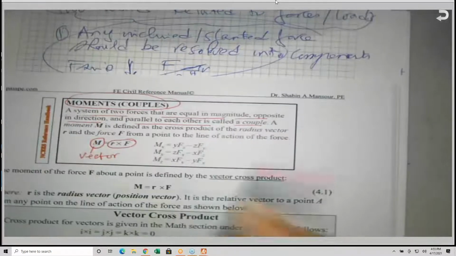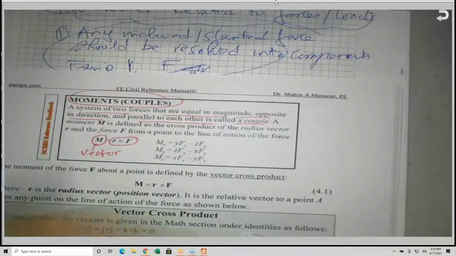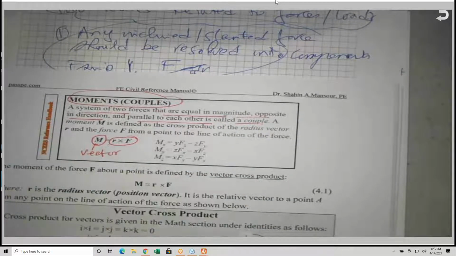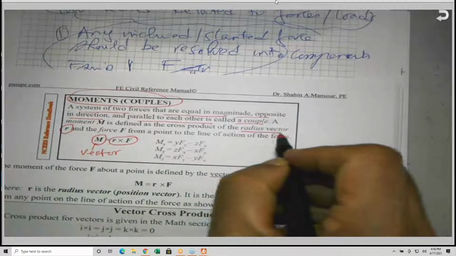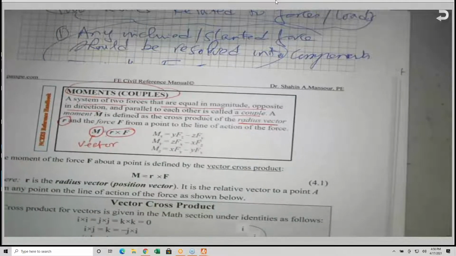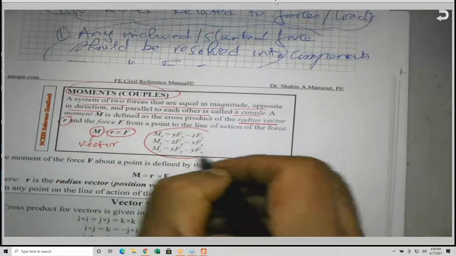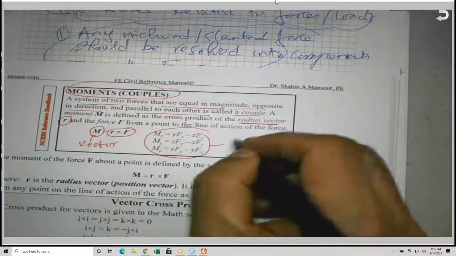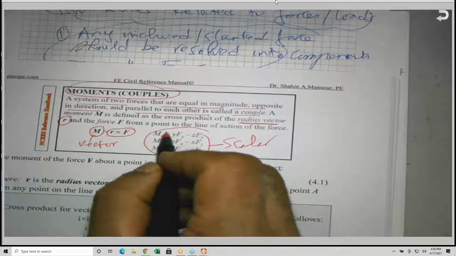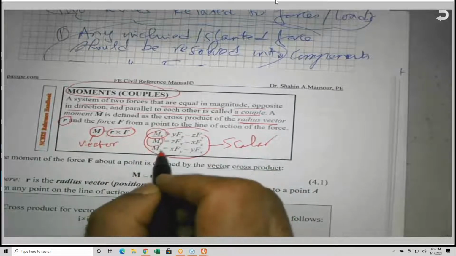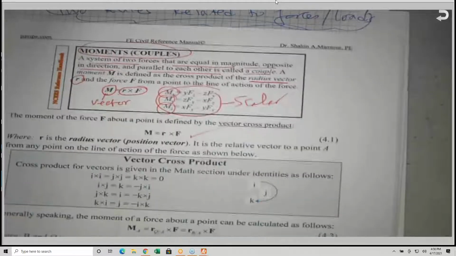In 3D, we are talking about the moment as a vector quantity equal to R times F. This R is not the radius. It's called the radius vector. It's not the radius of a shaft, as we're going to see later on, so I need you to know that. This is a vector quantity; these are scalar quantities. I can find the magnitude of this moment about the x-axis, the y-axis, and the z-axis, as given by this equation.